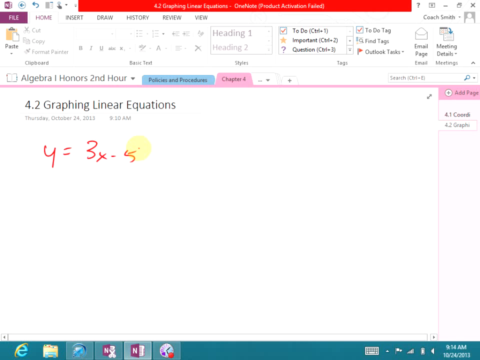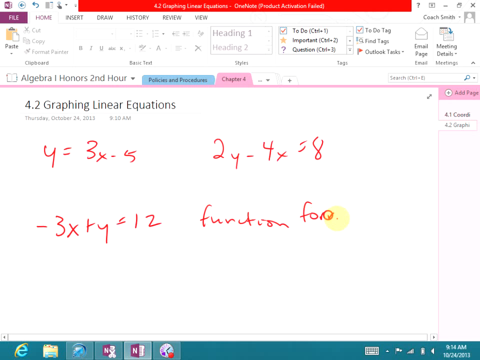They're going to give us equations that are in regular form, which is like 2y minus 4x equal 8. They're also going to give us equations in regular form like this, and they're going to want them in function form. They're going to want us to take this and put it in function form. This is our regular equations that we're used to seeing. This is in function form.